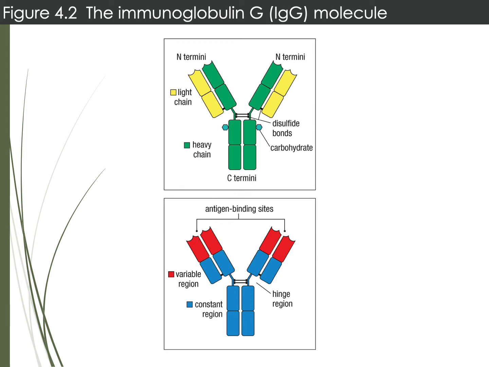And then you'll also notice that in the lower panel, instead of showing you the light chains and heavy chains, it's showing you the variable regions versus constant regions. So you'll notice the bottom portion is where the constant region is. And so this is constant, conserved, the same for pretty much every single antibody.